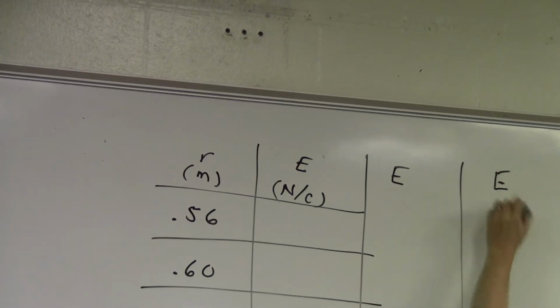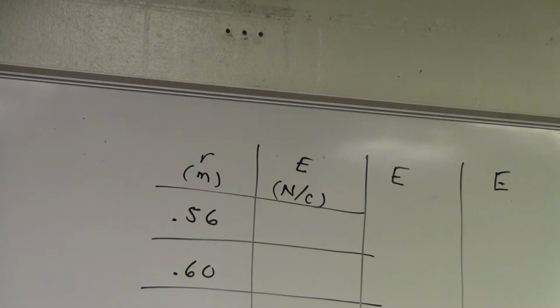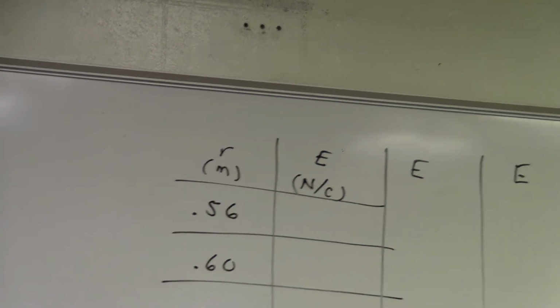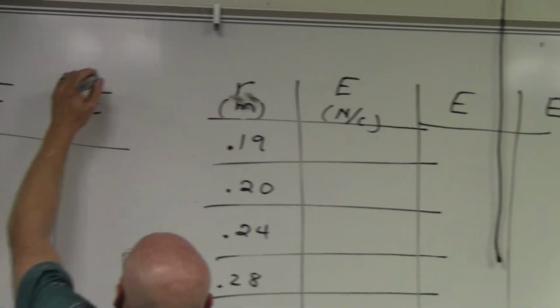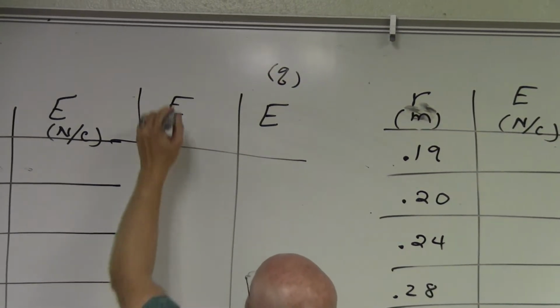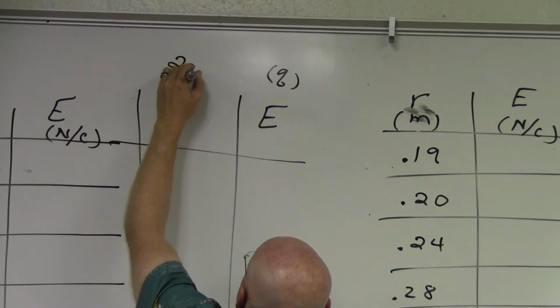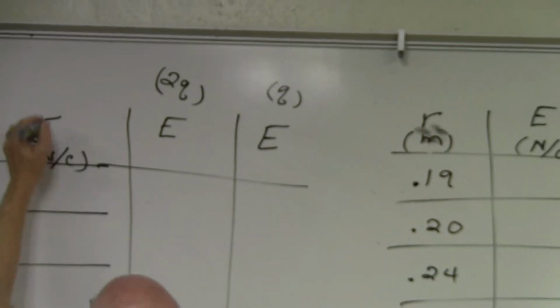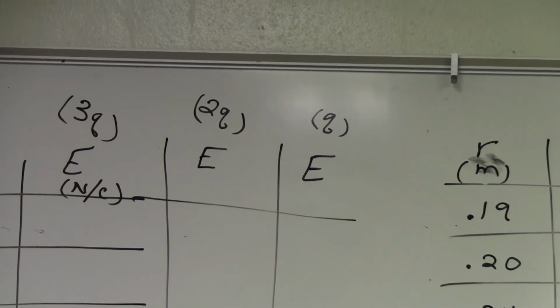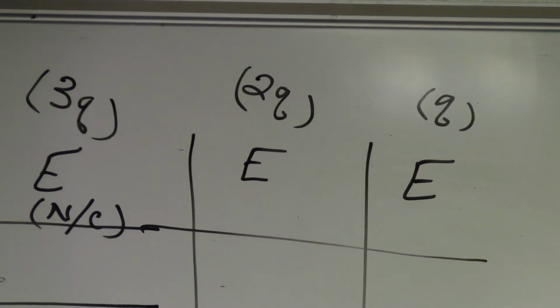Because each time we do it, we're going to put a smaller and smaller amount of charge on it. So the last time we do it, we will put a charge, why don't we just call it Q? Because this will be twice Q. And the first time we do it, we'll do it with the most charge, and that's 3Q.